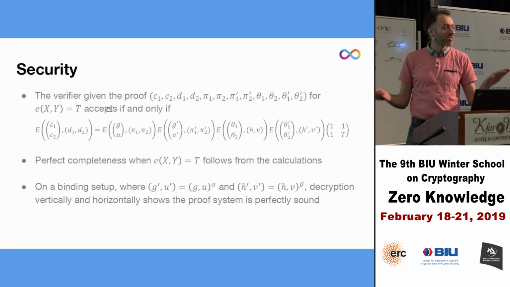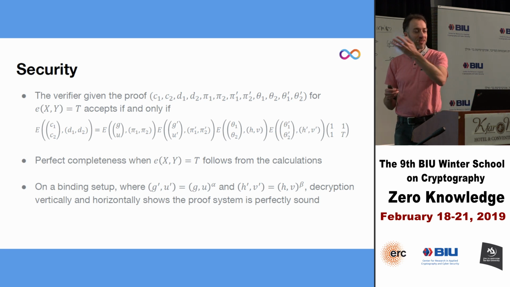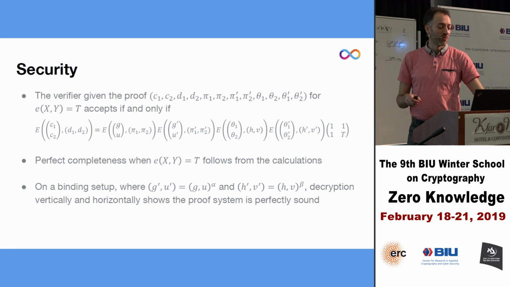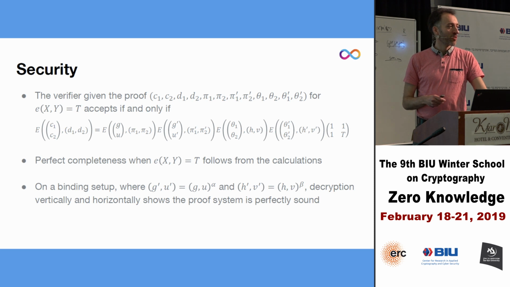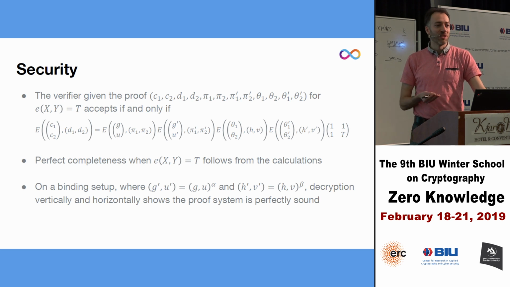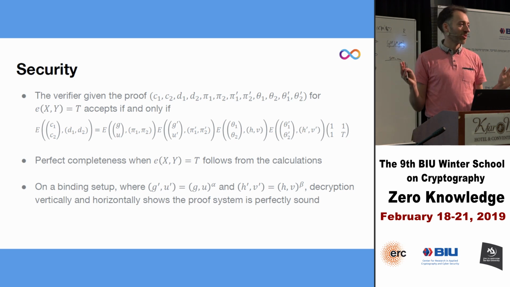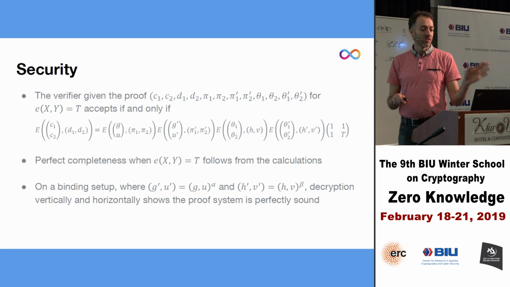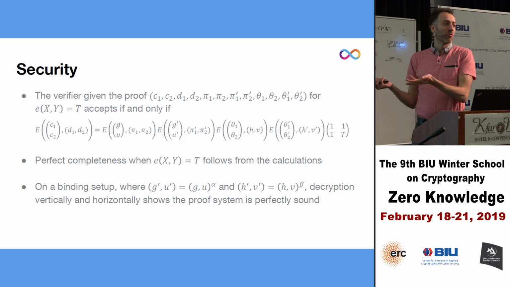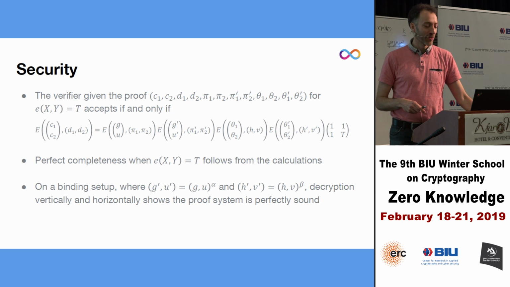So it actually just boils down to what we had from before. Again, decryption horizontally, vertically will give you perfect soundness. The commitments will now be El-Gamal encryptions, and all the verification equations, so forth, work out the same way as before. So soundness is exactly the same, just written with more complicated formulas now.